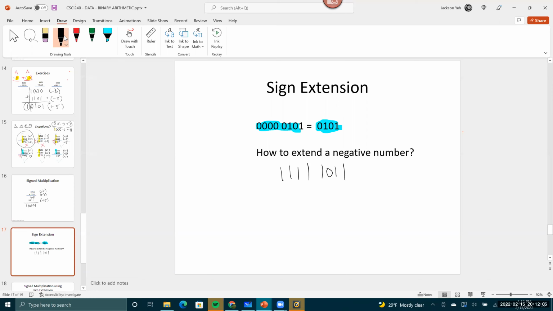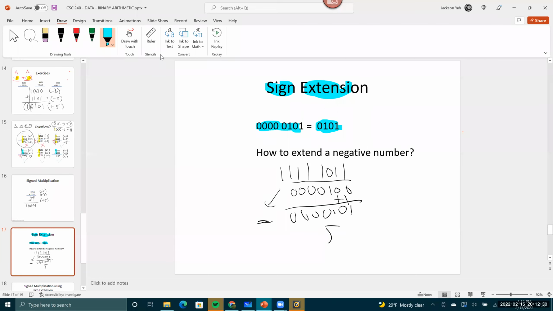How? To get its value, I say this is negative, and to get the magnitude, I flip the bits, 0, 0, 0, 0, 1, 0, 0, +1, and that would be 1, 0, 1. And that's 5. So sign extension just means you extend using the sign. If it's positive, you pad it with zeros in front. If it's negative, you pad it with ones in front.